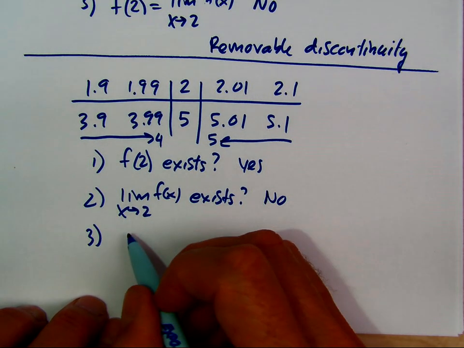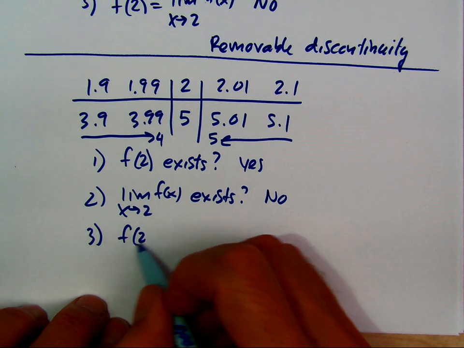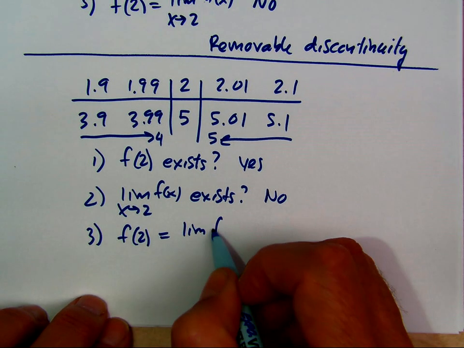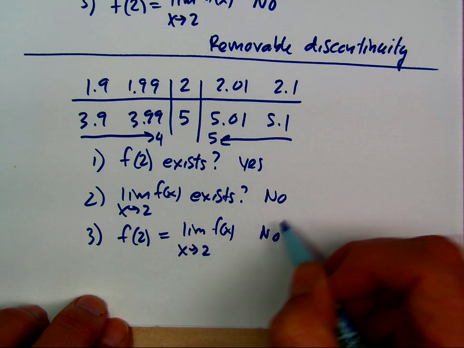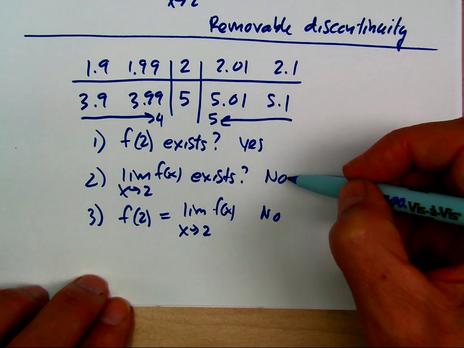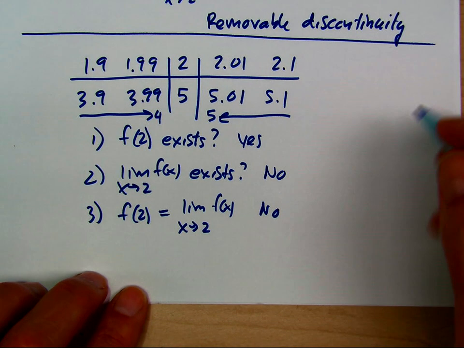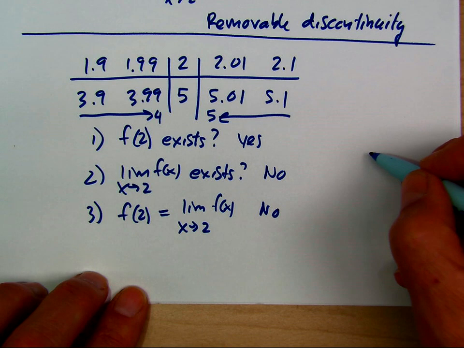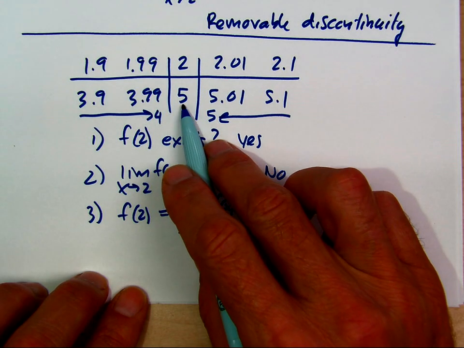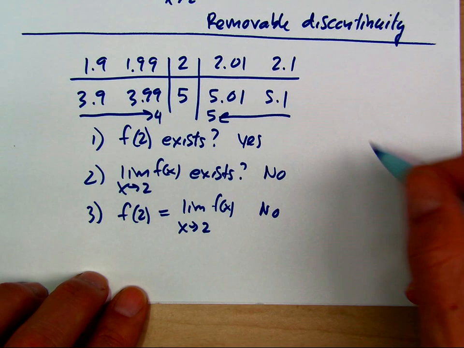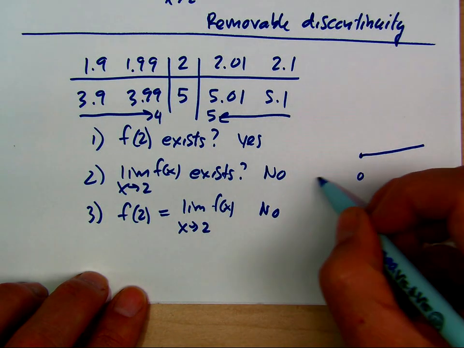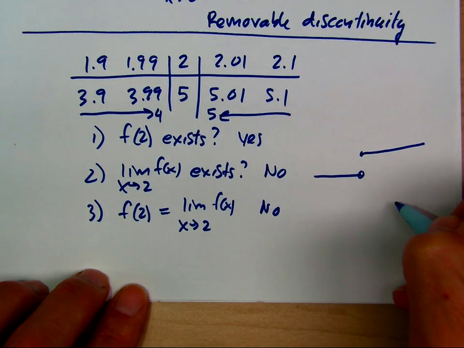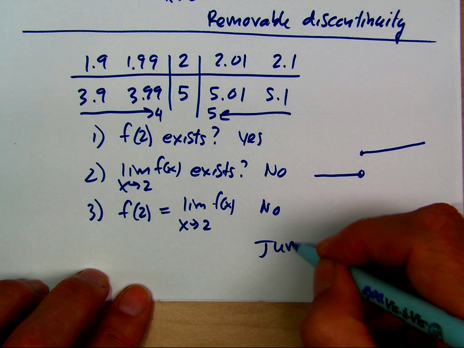So our final check is, does f of 2 equal the limit of f as x goes to 2? And that's a no, just because the limit doesn't exist. When the limit doesn't exist, we have a jump discontinuity, because here it is going to 5 from the right, but it's going to 4 from the left, and we have a jump discontinuity.